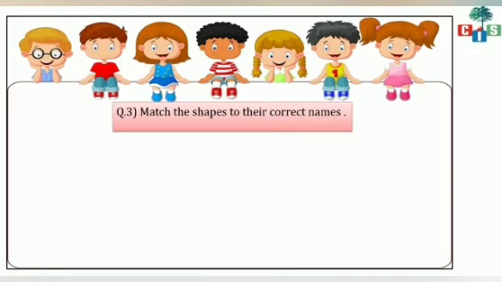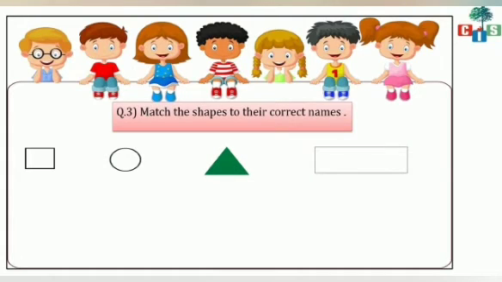Match the shapes to the correct names. So the shapes will be there and we will match it according to the names. So let's start. If you look at this first shape, it's a square, right?